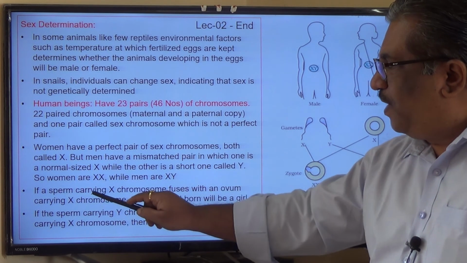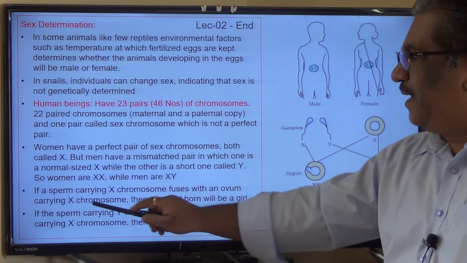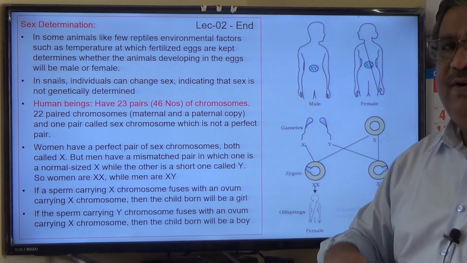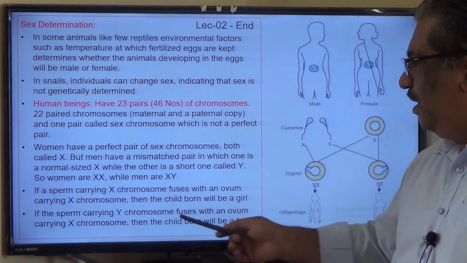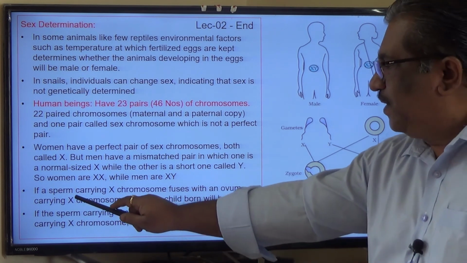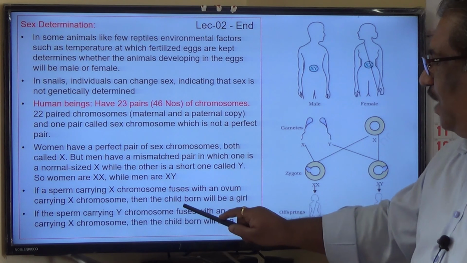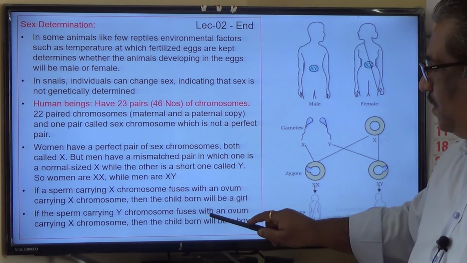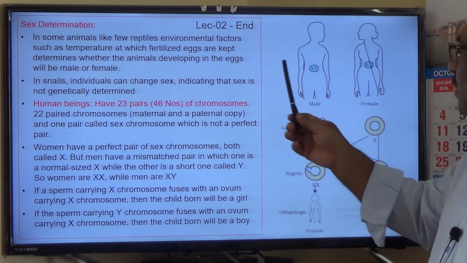Now, if a sperm carrying an X chromosome fuses with an ovum carrying an X chromosome, then the zygote formed, or the offspring generated, is a female child. If the sperm carrying a Y chromosome fuses with an ovum carrying an X chromosome, then the child born will be a boy. So, let us see here.